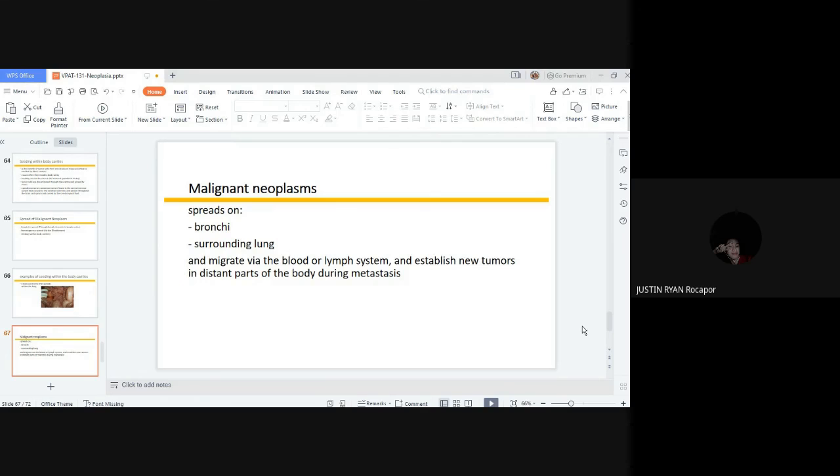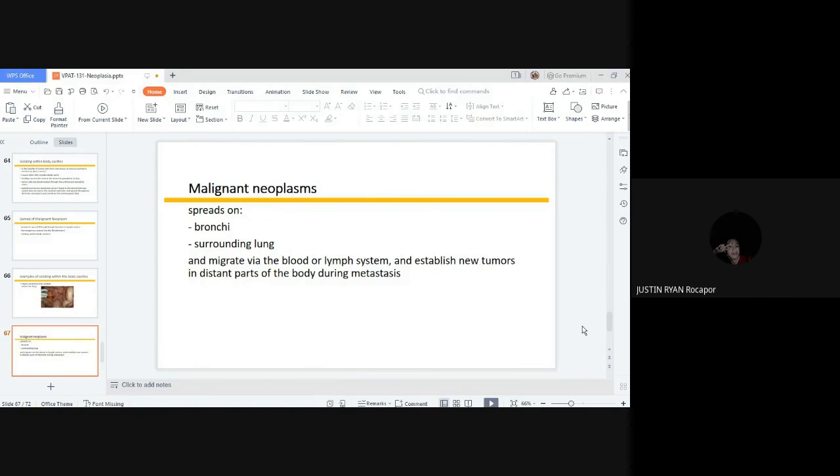Malignant neoplasm spreads on bronchi and surrounding lung, and migrates via blood or lymph system and establishes new tumors in distant parts of the body during metastasis. It is termed metastasis when cancer spreads. Cancer cells break away from their original sites of formation, migrate via blood and lymph system, and establish new tumors in distant parts of the body during metastasis.